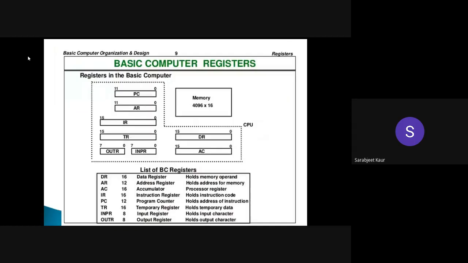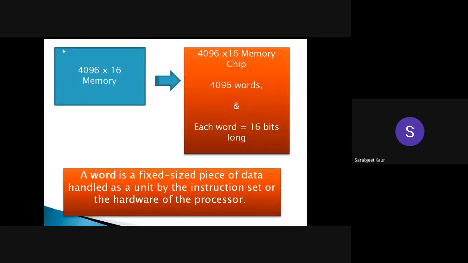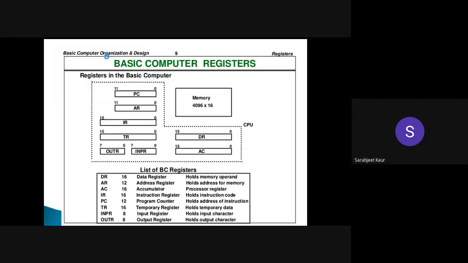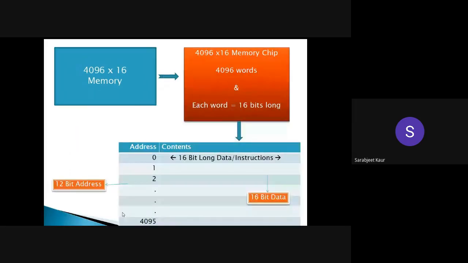We understood last time what we mean by this 4096 cross 16 memory. And then we saw all these registers, which are a part of the register set contained inside the CPU, right?